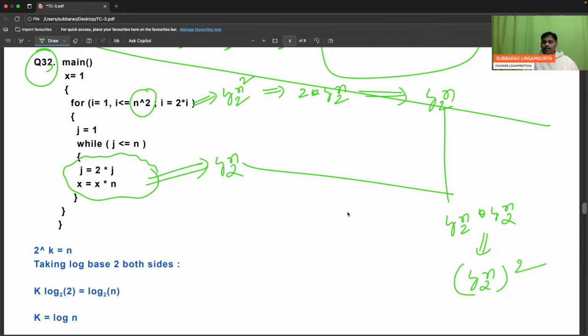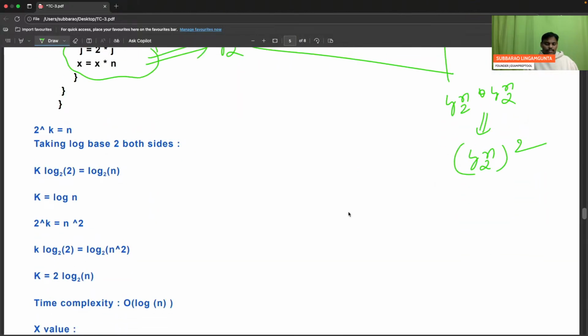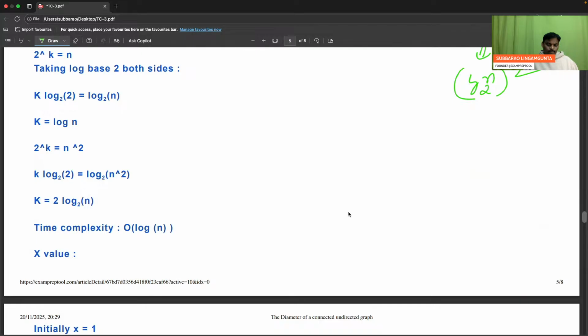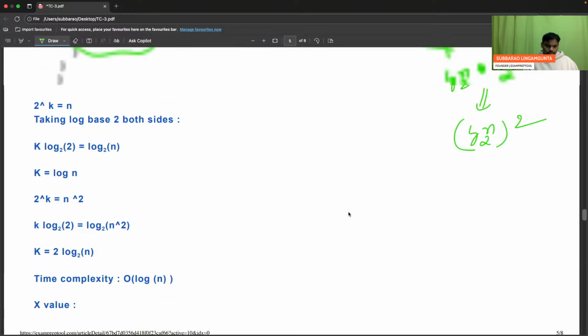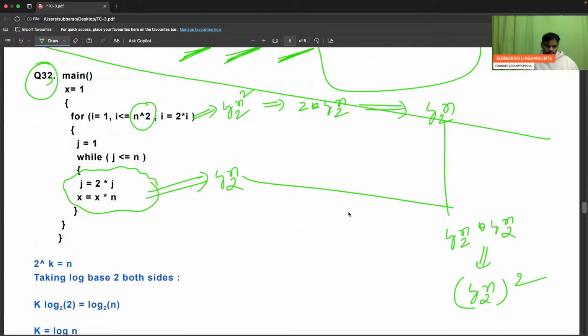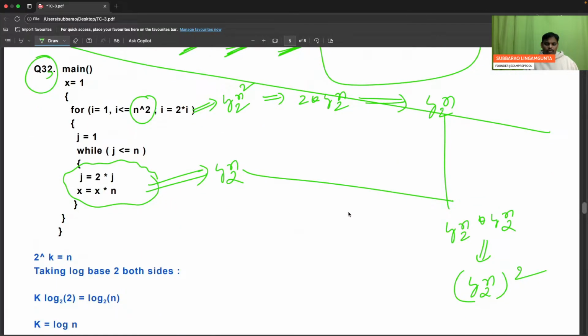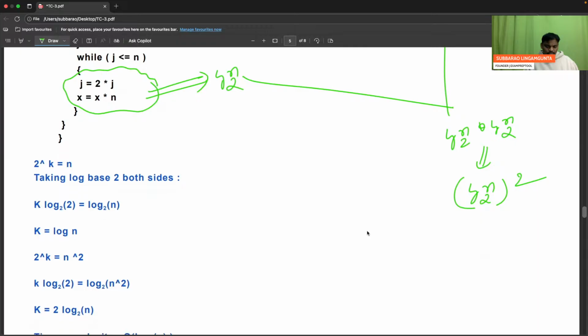Observe clearly. Two inner loops: the outer one is log n base 2, the inner one also log n base 2. So finally it is going to be log n base 2 whole square.